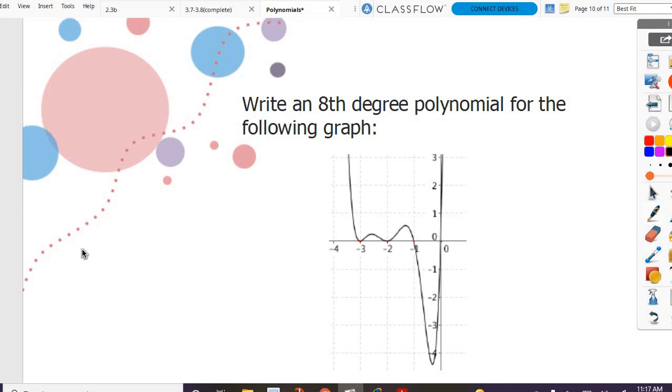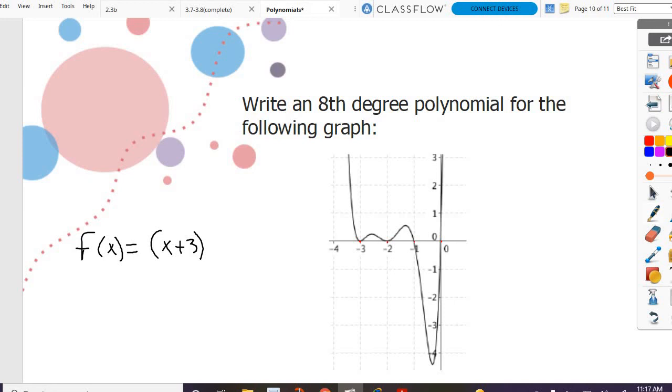So, if x equals -3 is an x-intercept, what would my factor be? x plus 3, right? Because it would be x minus -3, which is the same thing as x plus 3, right? Because remember, it has to be the opposite of whatever our answer is.